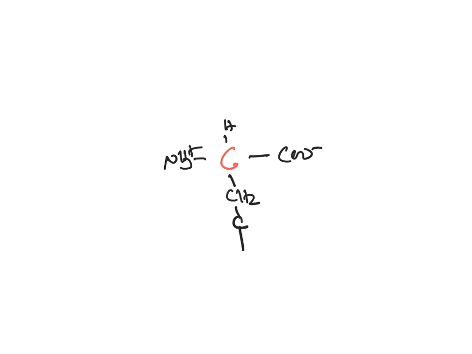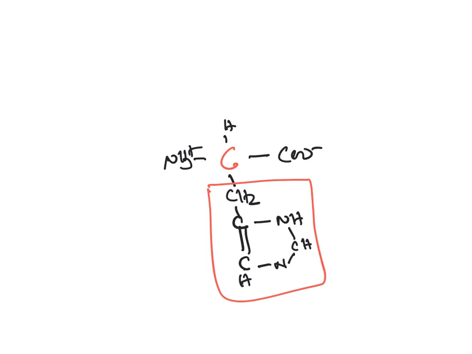It is C double bond C here, and then nitrogen with the hydrogen attached, CH, and then nitrogen which is making a bond with the carbon here. This is the side chain of histidine, and we refer to this side chain as the imidazole group. This entire thing is the amino acid histidine, so histidine has an imidazole group.